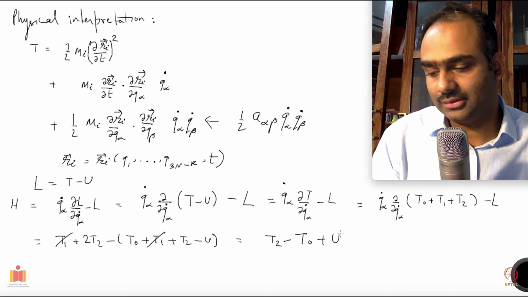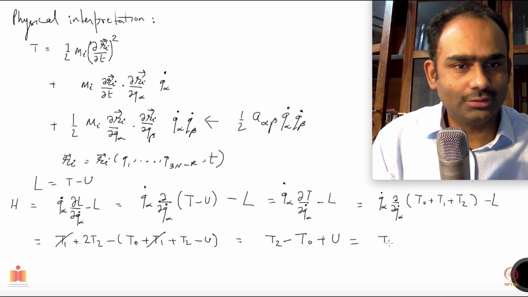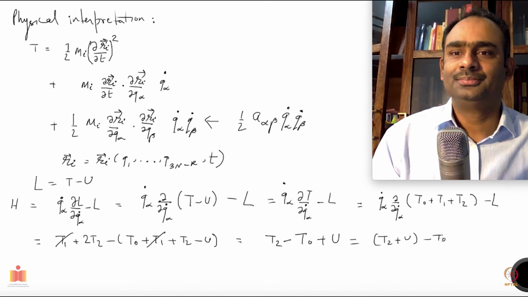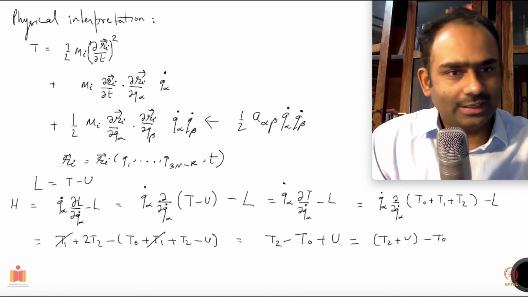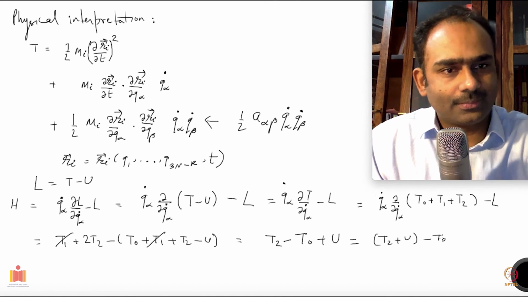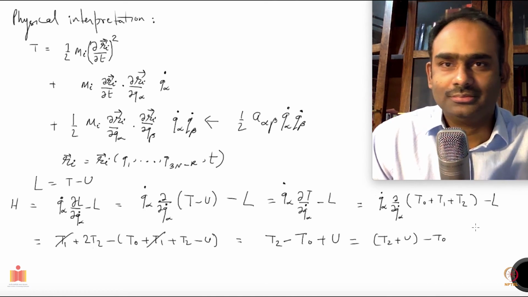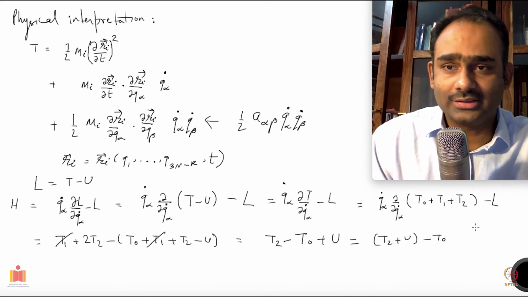Perfect. Or let me write it as T2 plus U minus T0. So nothing very illuminating when you have an arbitrary system.